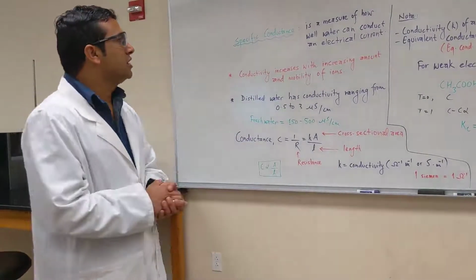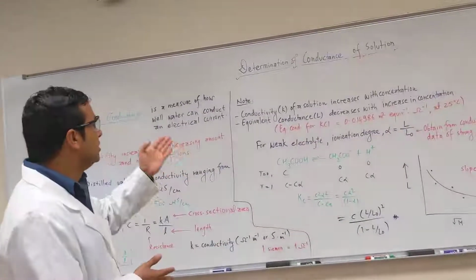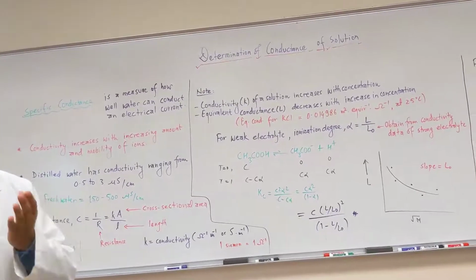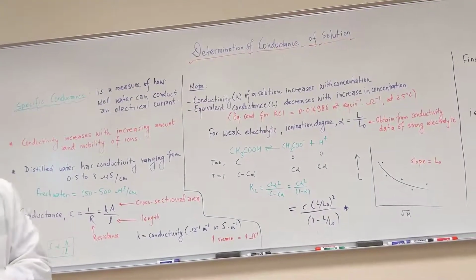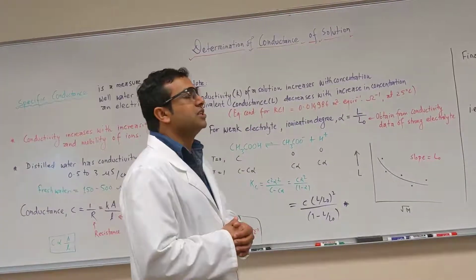So now let's go towards the main focus of our experiment. Conductivity of a solution increases with the concentration. And what about the equivalent conductance, which is represented by L? This actually decreases with increase in concentration.